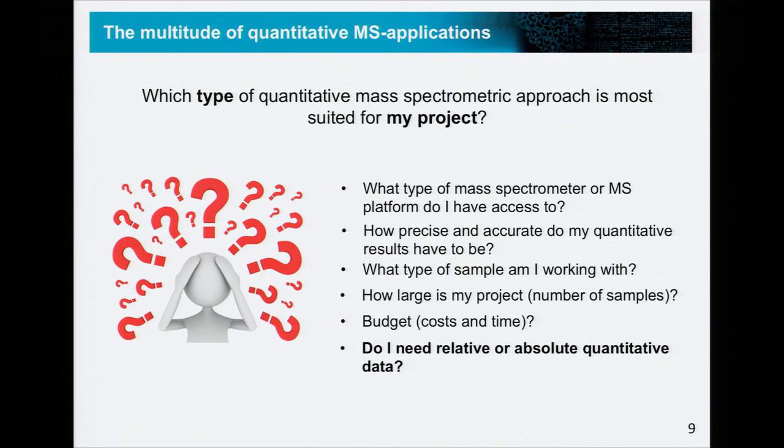Do you need relative data or do you need absolute data? And while all of those points here are really person and location specific, where you do your measurements, this last point is more general, and I would like to focus for the rest of the presentation on this last point.